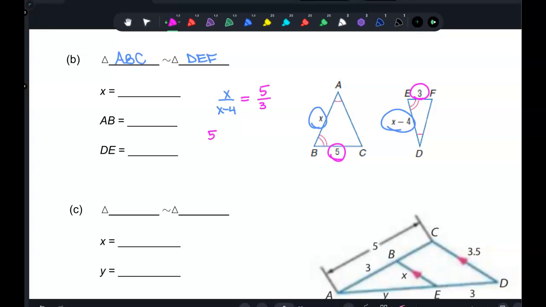So I'm going to cross multiply. So I have 5x minus 20 equals 3x. 2x equals 20. x equals 10. If I plug back into AB, that's just going to be 10. And if I plug into DE, that's going to be 10 minus 4, so we get 6.